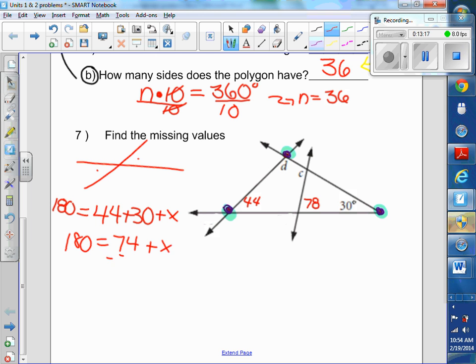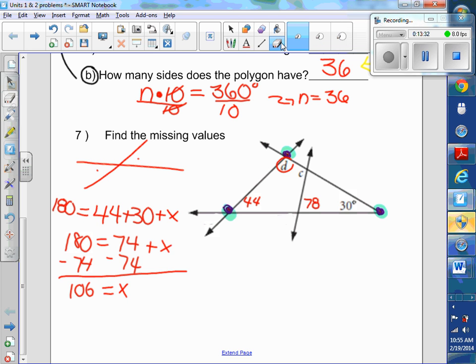I can subtract 74 using that algebra from the last unit. So 106 is x. Sorry, I should have said d. Let's make those d's. Raise your hand if that makes sense to you, that this is 106 degrees.